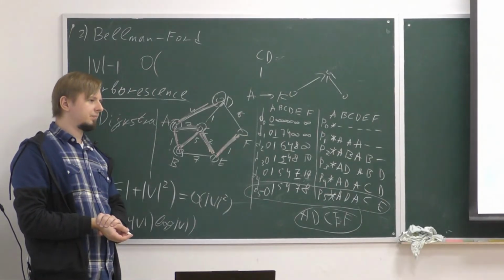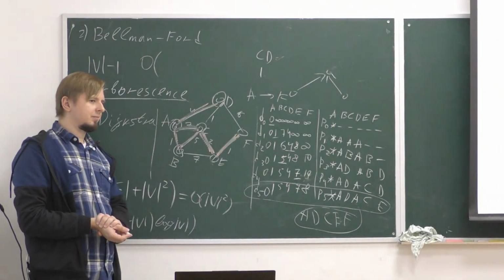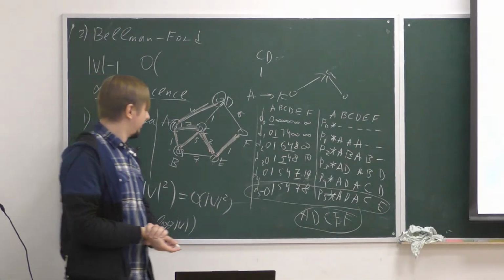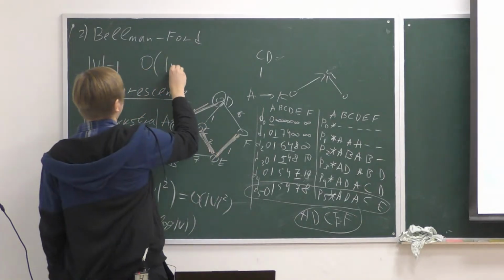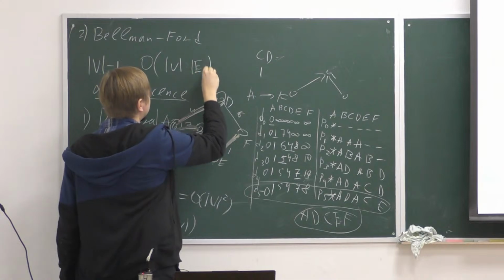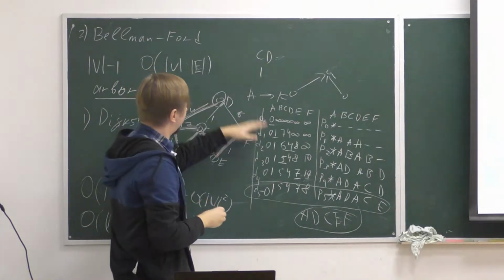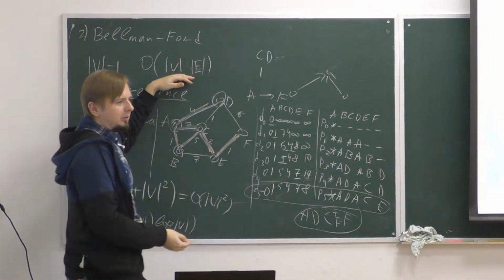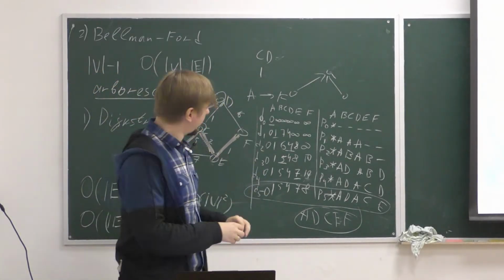You can say vertex to the third degree, but it's just v multiplied by e, because on each step we correct by going through all of the edges.